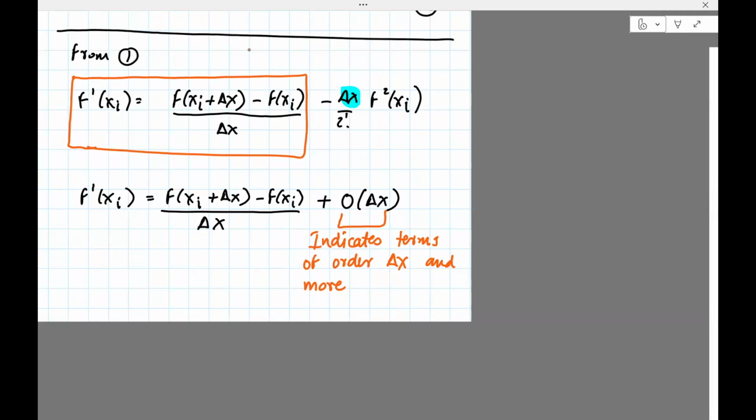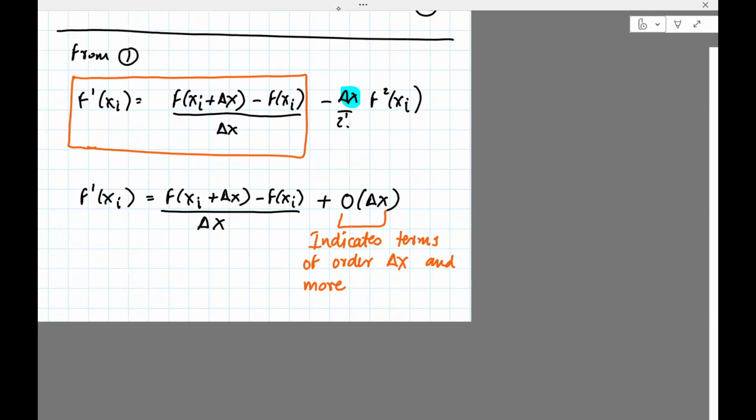So that just tells you how accurate your calculation is going to be. If you take delta x as of order 1, say, then your error will be of the order of 1, because it's delta x. If you take 10, it'll be a lot worse, it'll be of order 10. But if you take delta x as 0.1, your error is going to be about 0.1. 0.01 is going to be even more accurate. So the smaller delta x is, the better the accuracy.